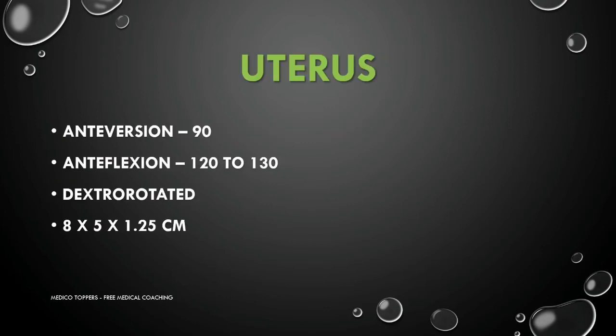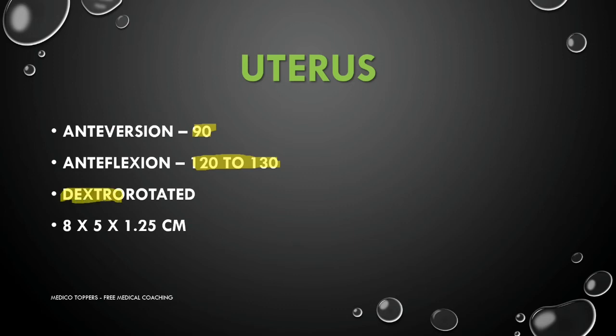Next comes uterus. Normal position is anteversion and anteflexion, 90 degrees anteversion and 120 to 130 degrees anteflexion. And uterus usually inclines to the right, which means dextro-rotated, but cervix is directed to the left, which means levo-rotated.